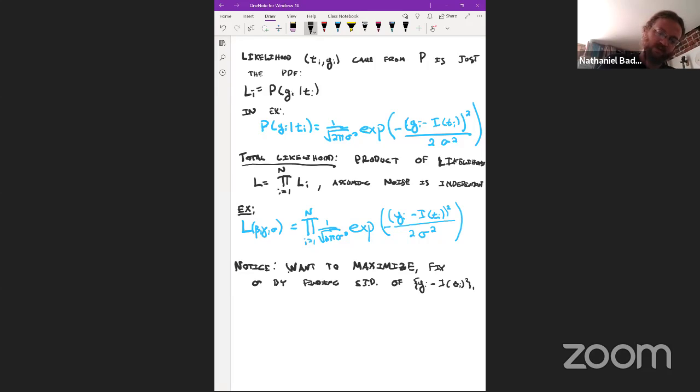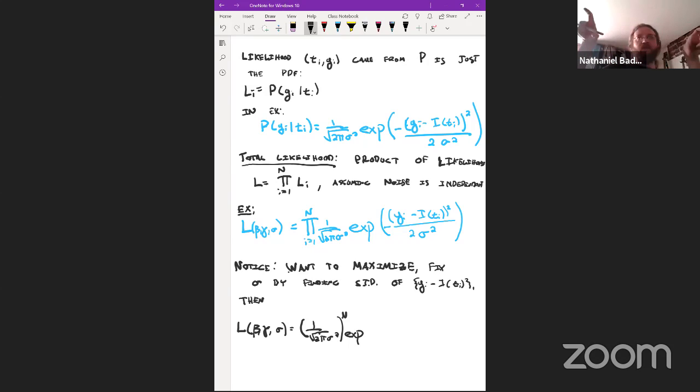So we fix this, then L of beta gamma sigma is equal to one over 2 pi sigma squared to the n.